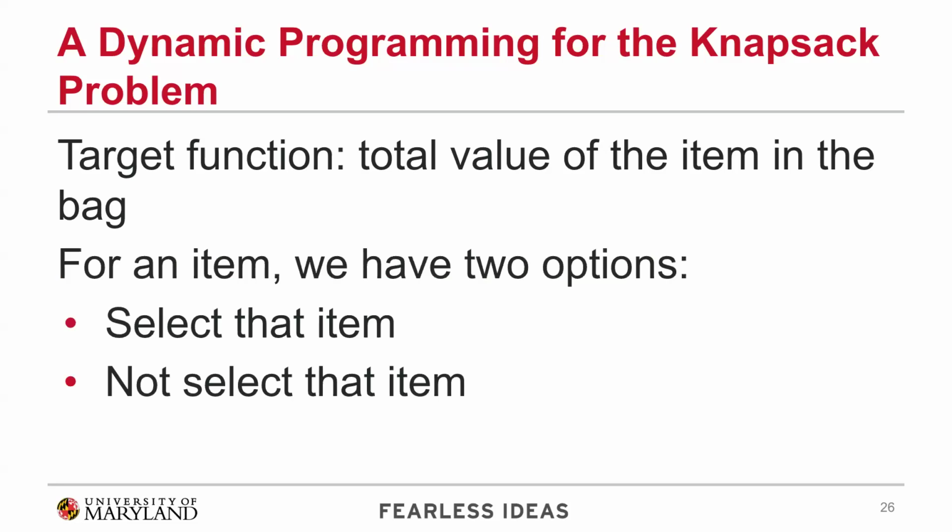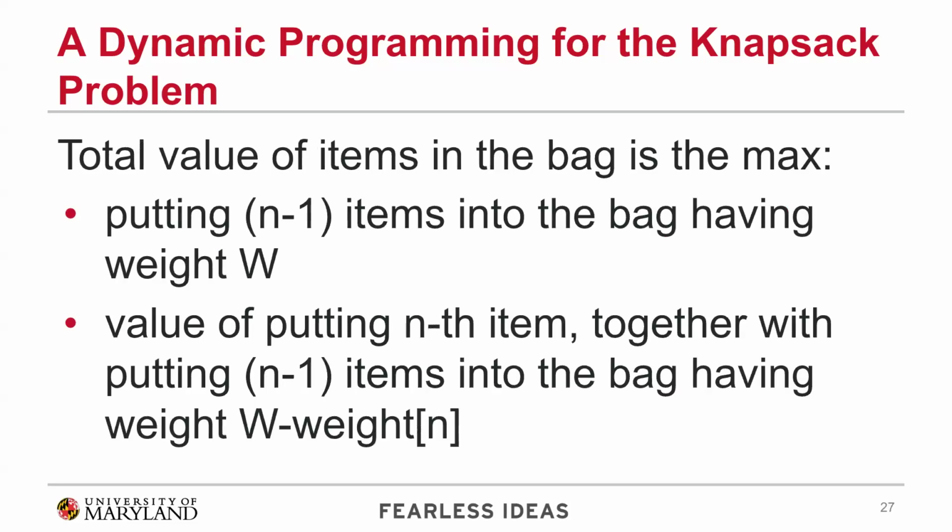For each item, we have two options: select that item or not select it. So the total value of the items in the bag is the maximum between putting the n-1 items into the bag with weight W, and the value of item n together with putting n-1 items into the bag with weight W minus the weight of the current item that we are considering.